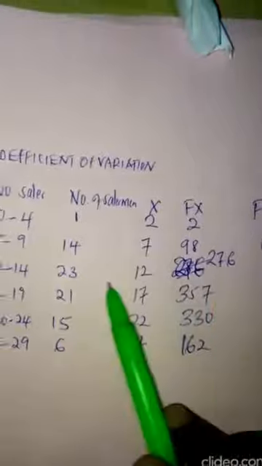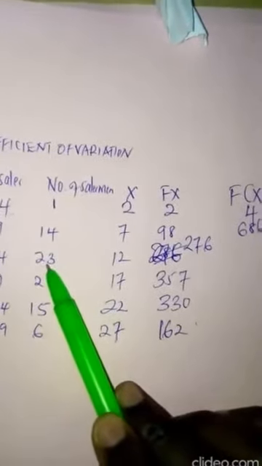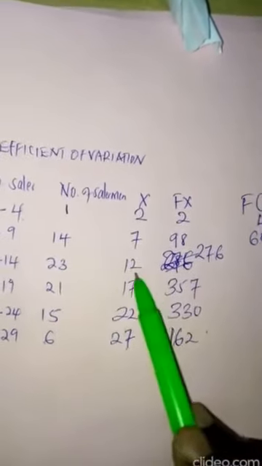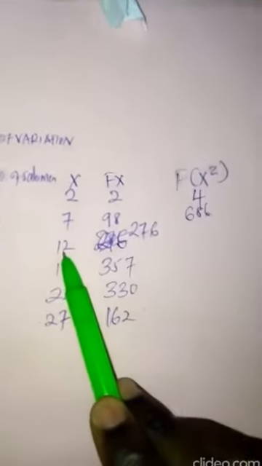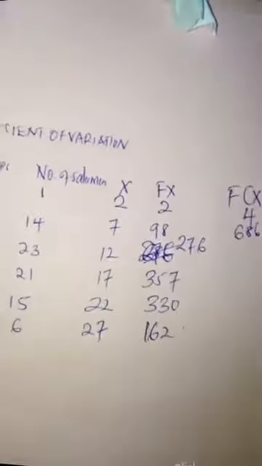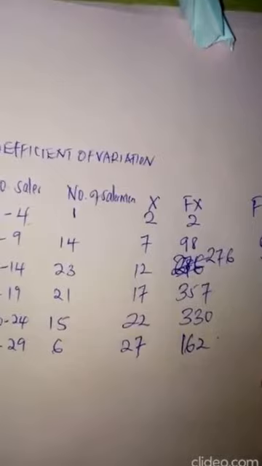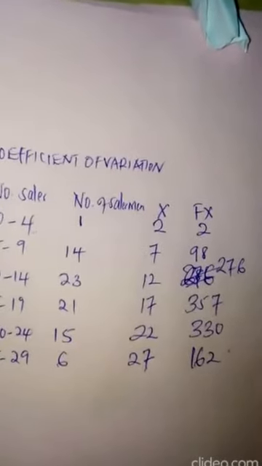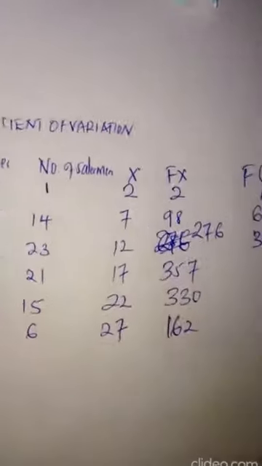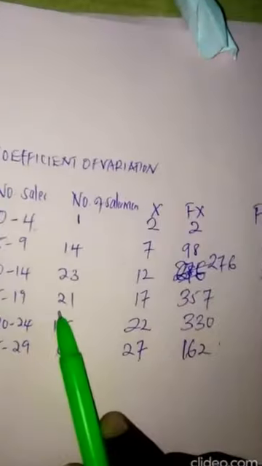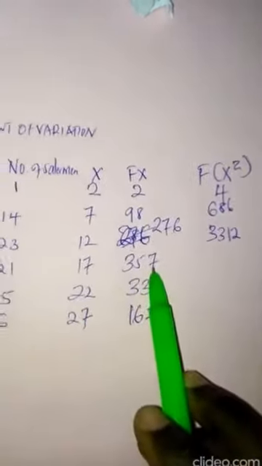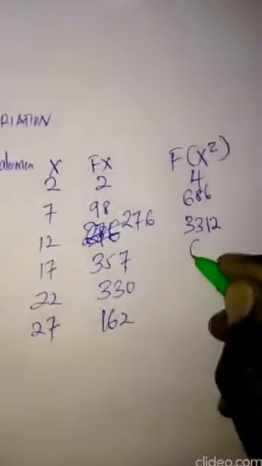Then we have 23 multiplied by x squared, so that is 23 multiplied by 144, you get 3312. Then we have 21 multiplied by 17 squared, you get 6069.